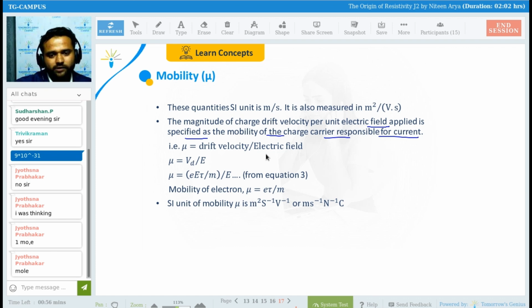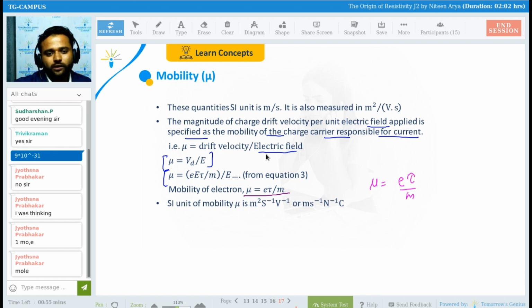So mu, which is drift velocity divided by electric field, mu equals Vd by E, equals E tau by m by E. This is an important relation which we are going to directly use: mobility of electron mu equals E tau by m.